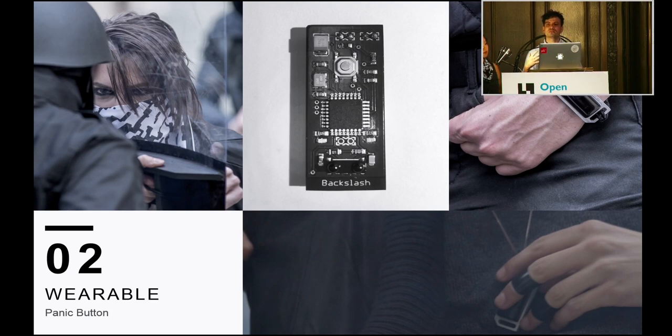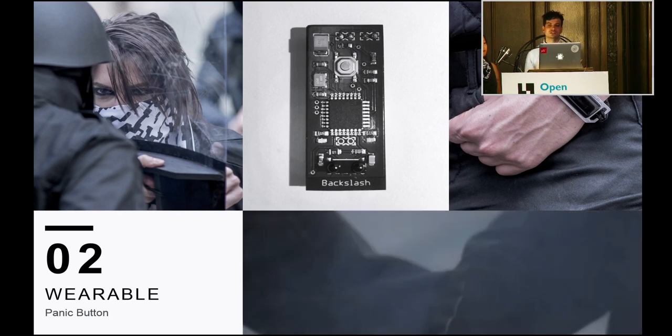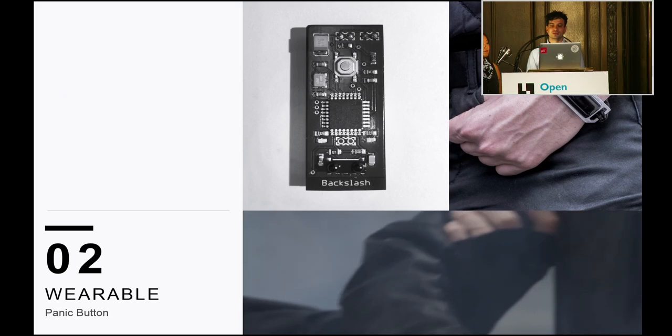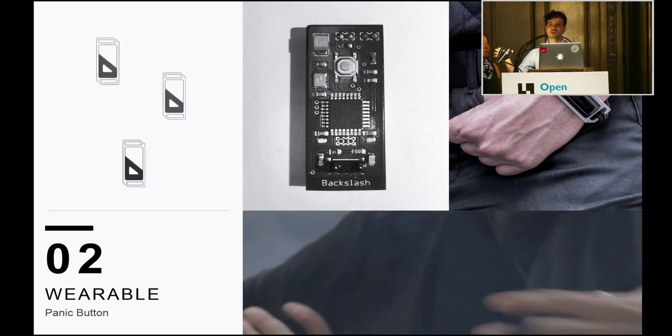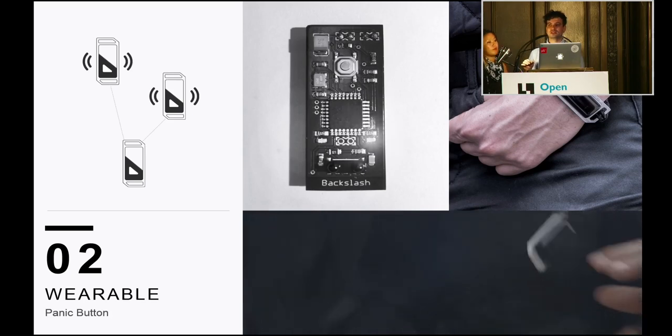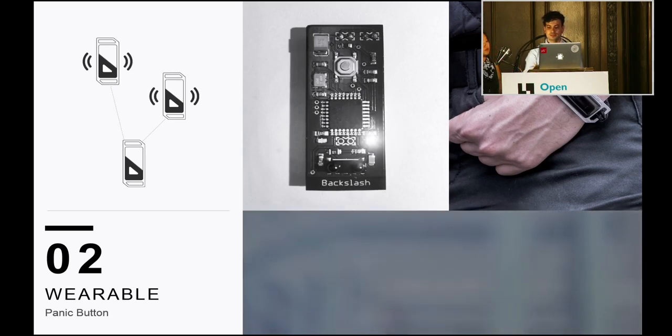So we decided to develop a network of wearable devices that could notify if a certain area was under conflict. The way this works is if someone is in a dangerous situation, you just press the button, it's kind of like a panic button, and 10 to 15 blocks away it will notify others and all these networks so they could avoid certain areas. They could find a different path, they could run.